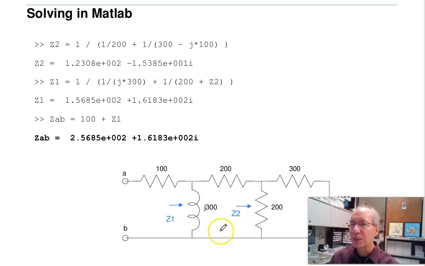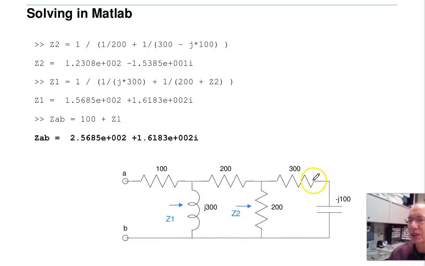MATLAB handles complex numbers just fine. I would just say, call this Z2. Well, Z1 is pretty obvious, 300 minus J100. Z2 is 1 over 200, plus 1 over 300 minus J100, gives you Z2. Z1 is Z2 plus 200.